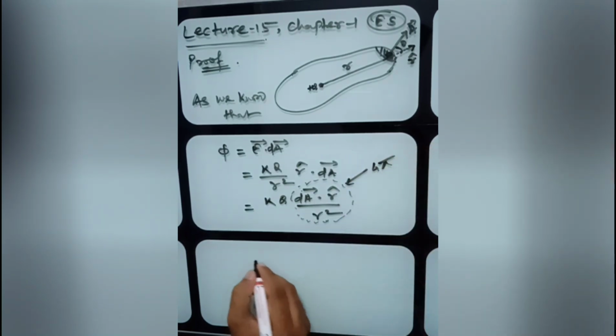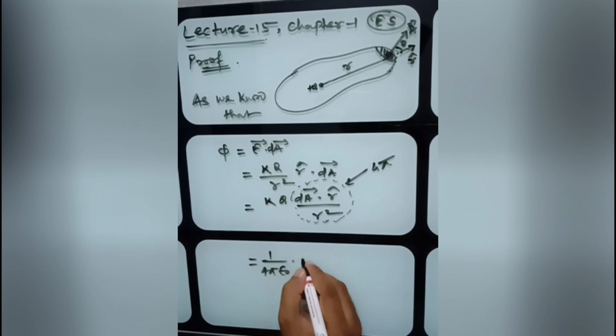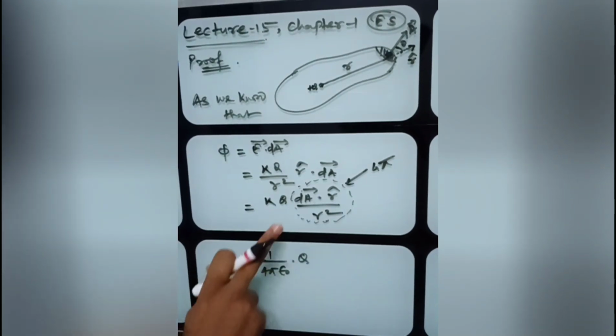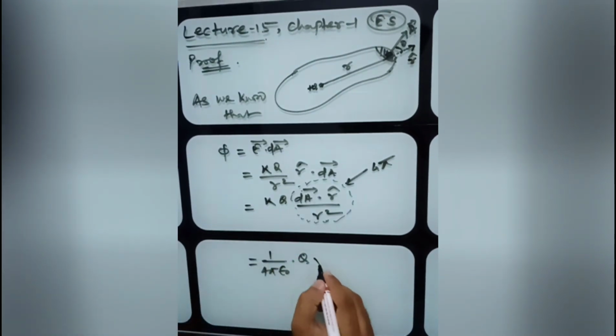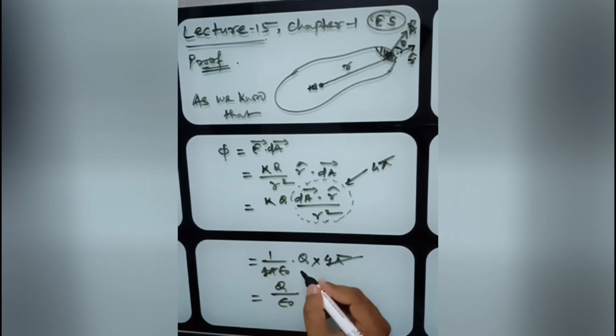We have studied it. So we can write here k, how much is it? 1 by 4 pi epsilon naught, into q. This is k into q into 4 pi. The 4 pi will be cancelled out, and we'll have q by epsilon naught. Which charge are we getting here?